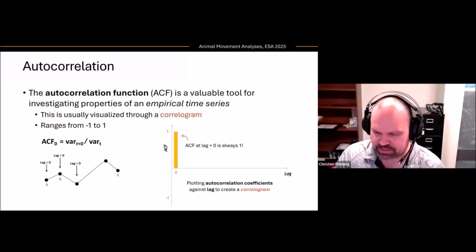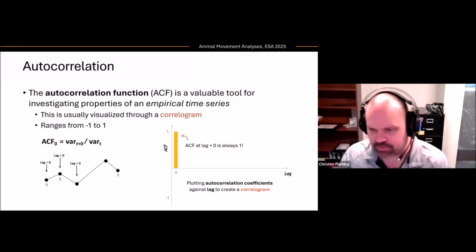So for a time series, the statement would be that for something like a movement process, locations of an animal that are closer together in time are closer together spatially, on average, than the locations that are further apart in time.